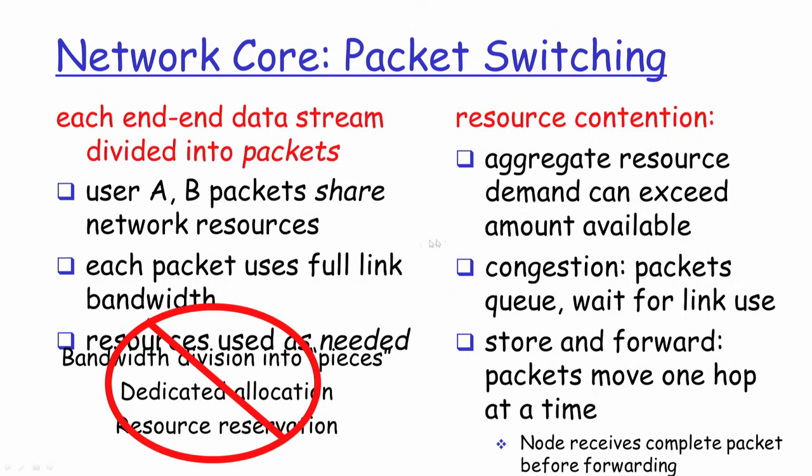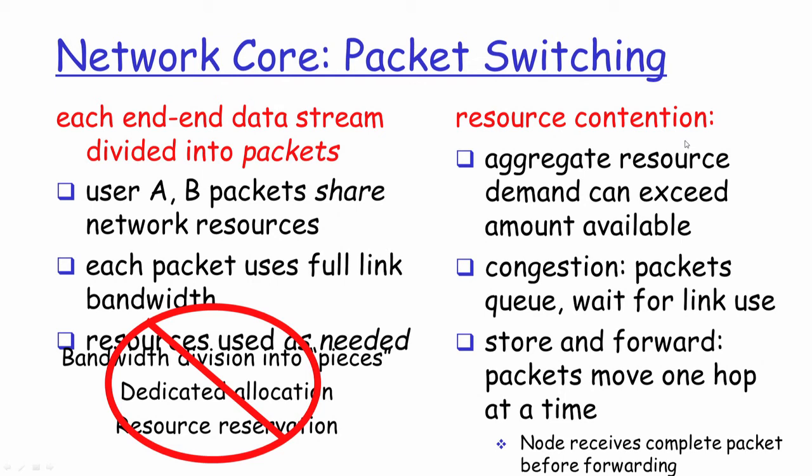In terms of resource contention in packet switching, the aggregate resource demand could typically exceed the maximum amount that is available, which leads to the congestion that we talked about earlier.